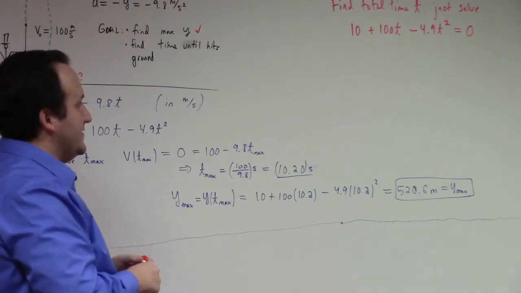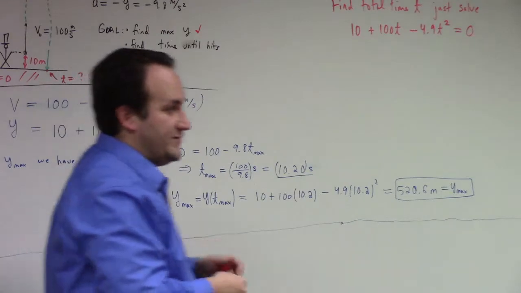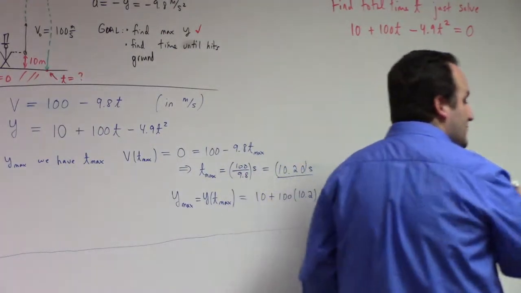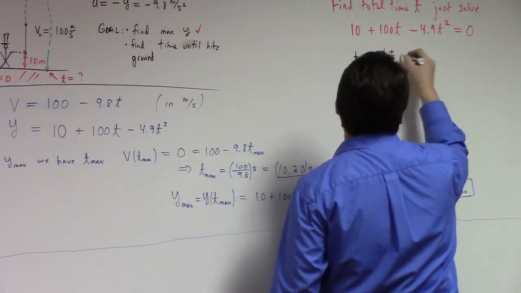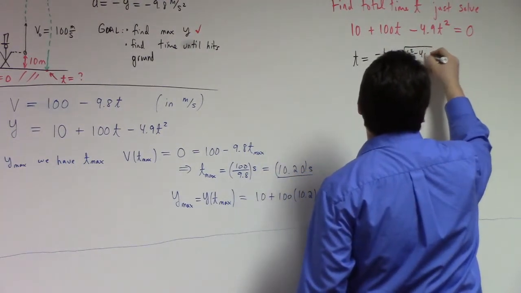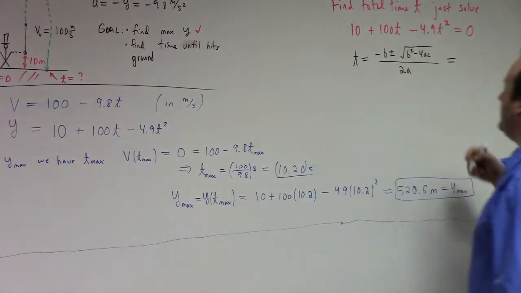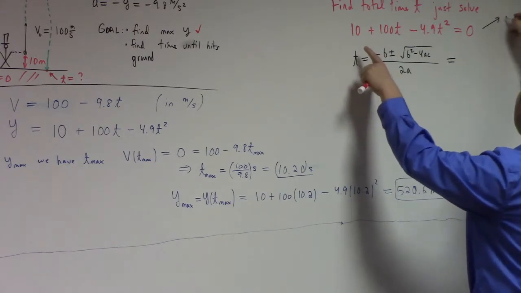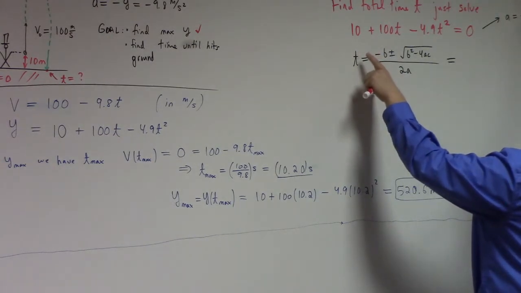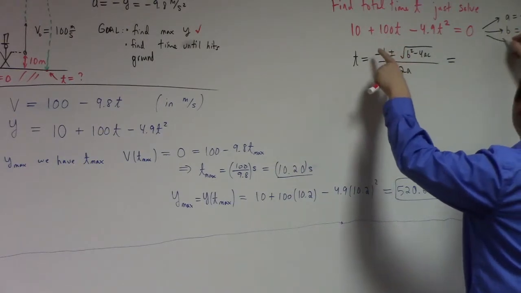If I was in calculus, I would have said you should complete the square. But this is physics, so I will tell you, use the quadratic formula, but use it carefully. t is equal to minus b plus or minus the square root of b squared minus 4ac, divided by 2a. Here a is equal to minus 4.9, b, the coefficient of t, is 100, and the constant term c is 10.